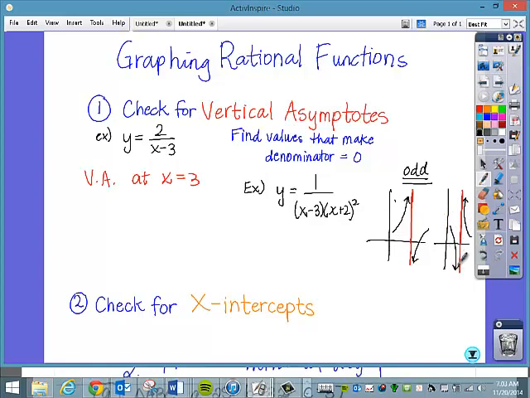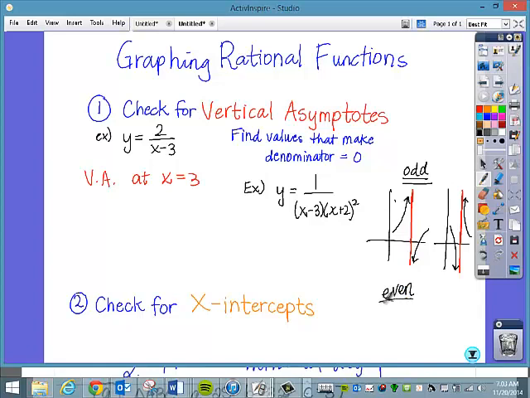So as you approach your asymptote from the left to the right, they're going in different directions. One side is going up towards the asymptote, the other side is going down towards the asymptote. That's when your asymptote has an odd degree. For example, in this one, x equals 3 is our vertical asymptote, and it's odd.